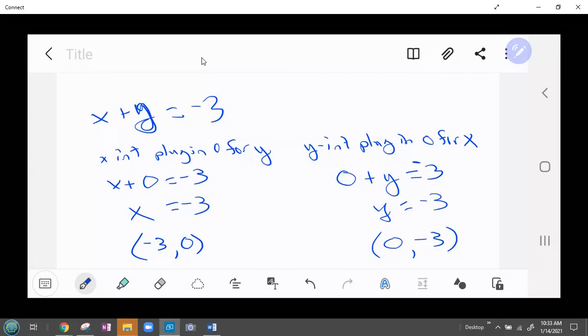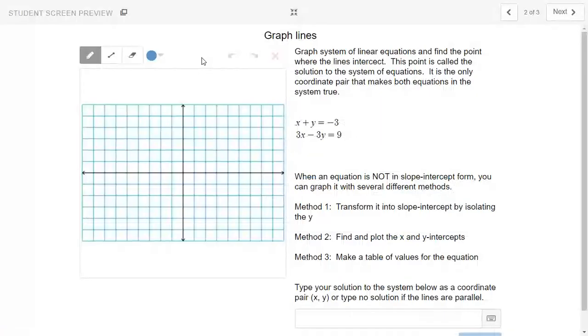Now, we're going to go back and plot those on our graph. So get my blue out, and I got (-3, 0) and I got (0, -3). Now I'm going to draw my line through those, and something that can help me is if I just look between these and notice that it looks like it's perfectly going down a block, over a block, down a block, over a block.